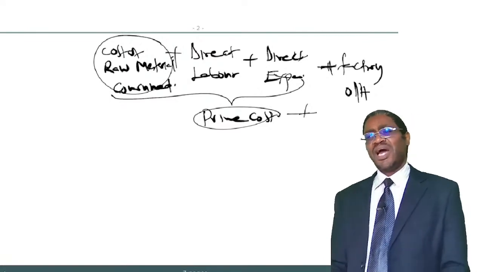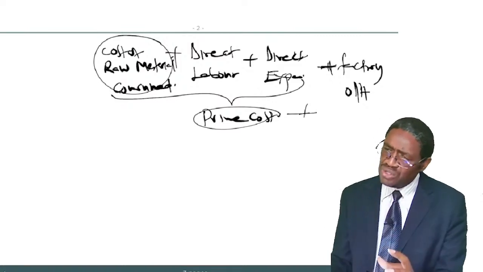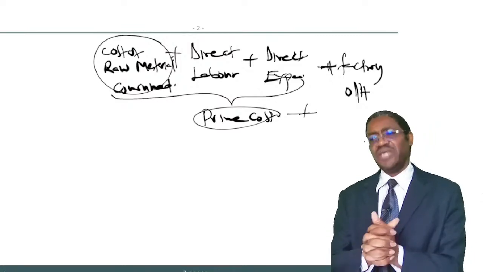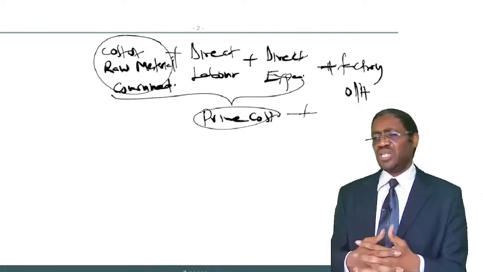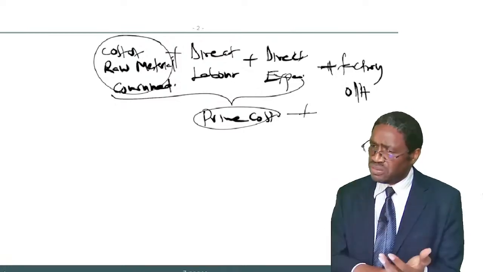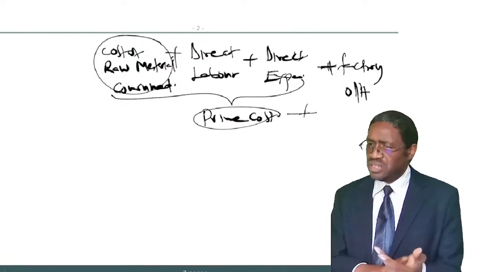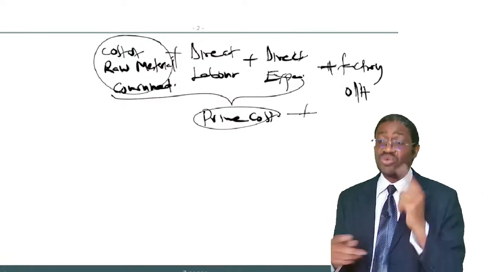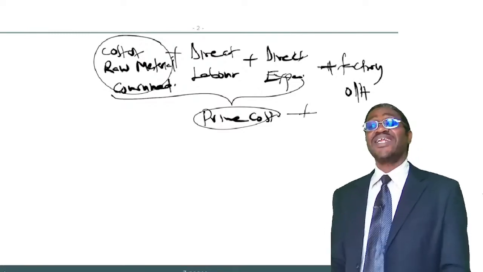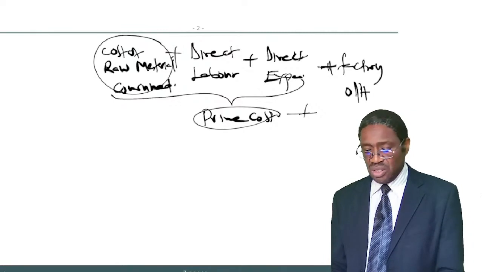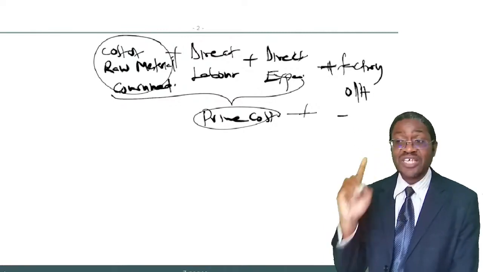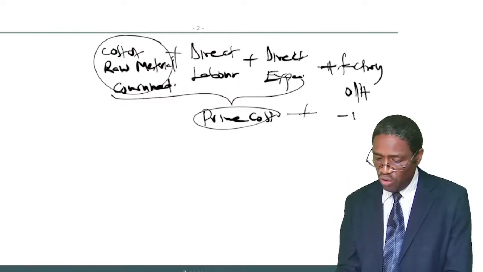I told you these are materials you need, but they cannot be identified in the final product. You need them in the manufacture of whatever you're manufacturing. I've given you an example of the hammer, the chisel, the saw that you need. So any other material that is not a direct material, we shall be classifying as part of the factory overheads.